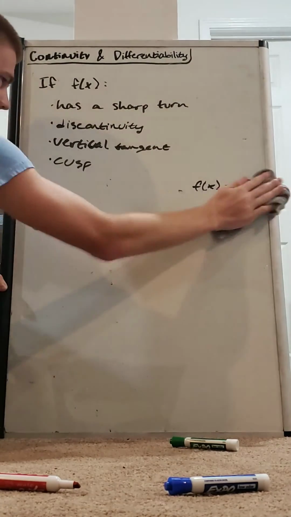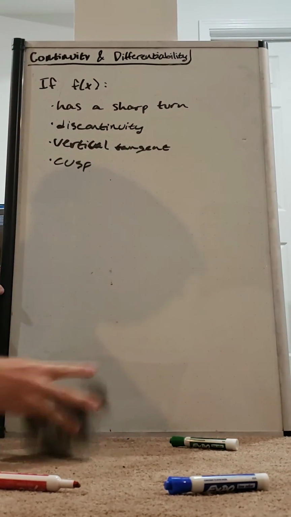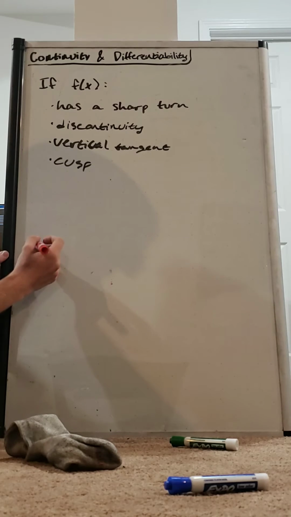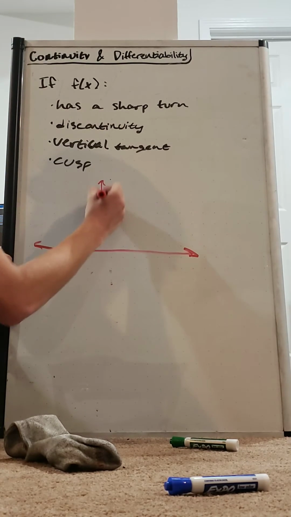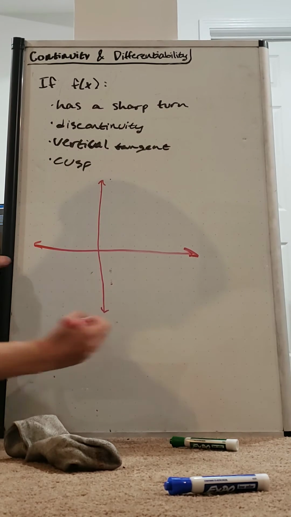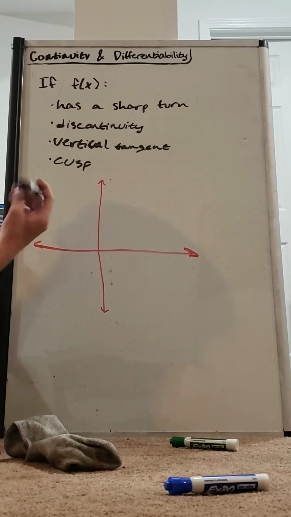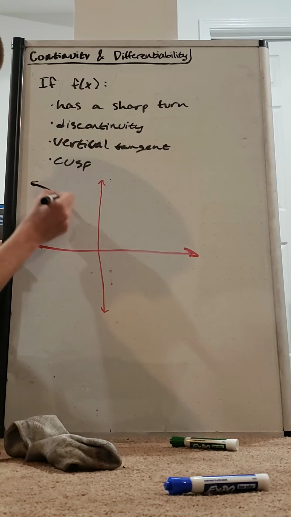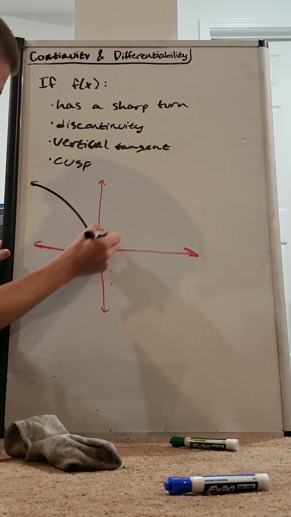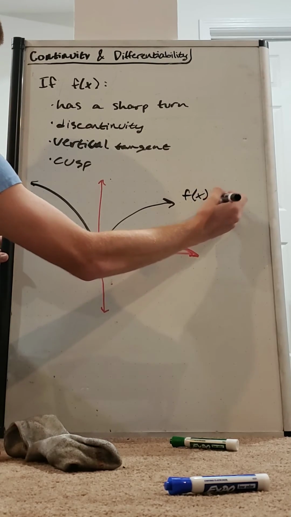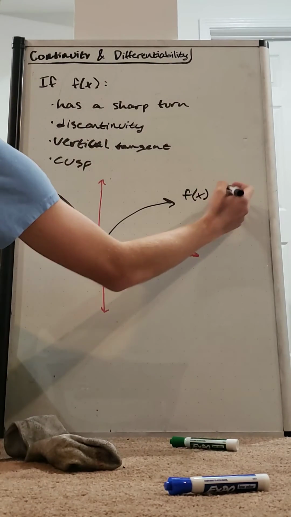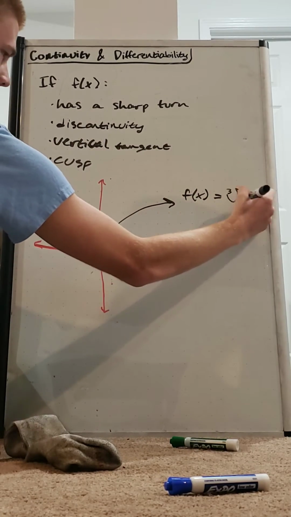And the last one is a cusp. Again, kind of the same as a sharp turn, where we have f of x equals the cubed root of x squared.